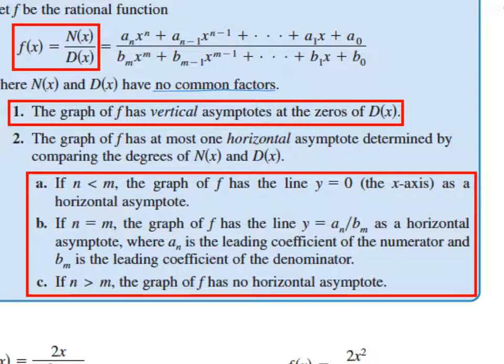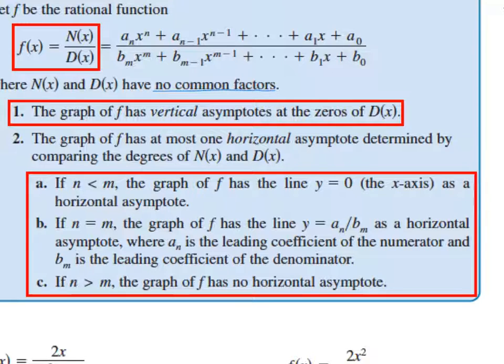So what this is saying for part A here is that if the degree of your numerator is smaller than the degree of the denominator, then the graph of f has line y equals 0 as a horizontal asymptote. Okay? So the line y equals 0. If the numerator's degree is smaller, then you have y equals 0.